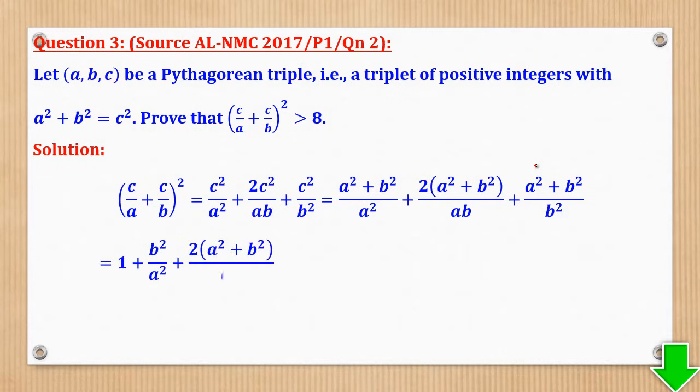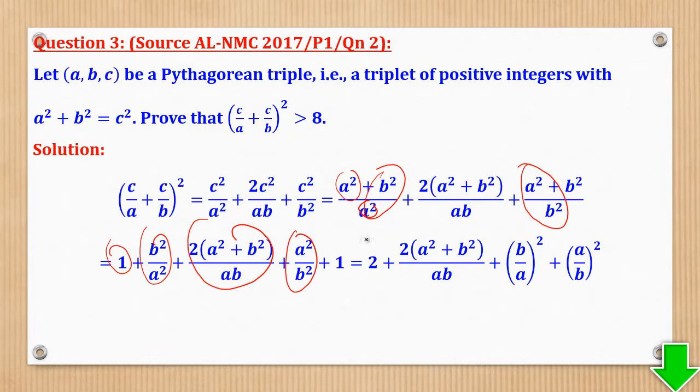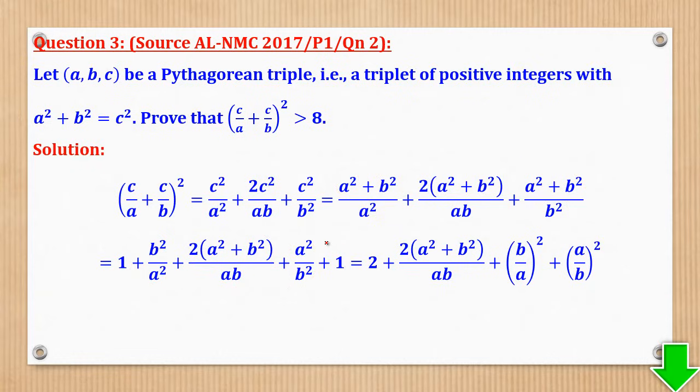After that, I will now split the numerator. So this over this is 1, which is here. This over this is this. This one, let me first leave it there. Then here split, this gives you this, and this gives you 1. So 1 and 1 is 2. This one remains, and these 2 also remain.